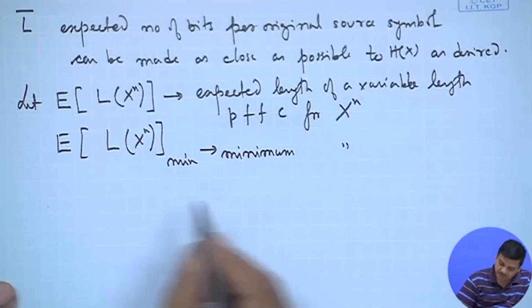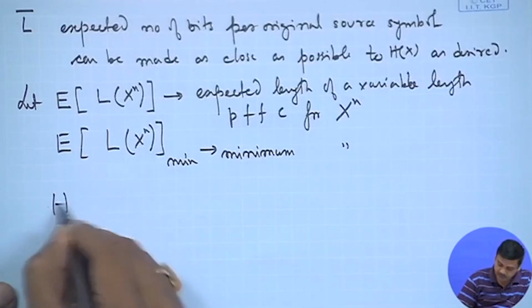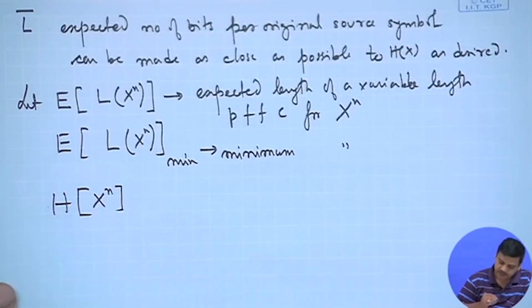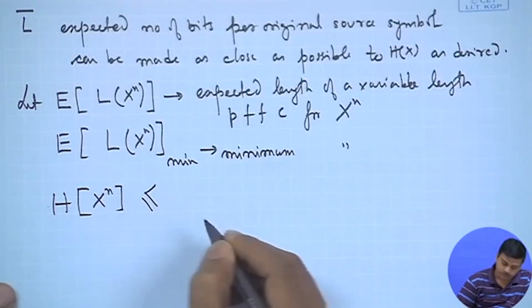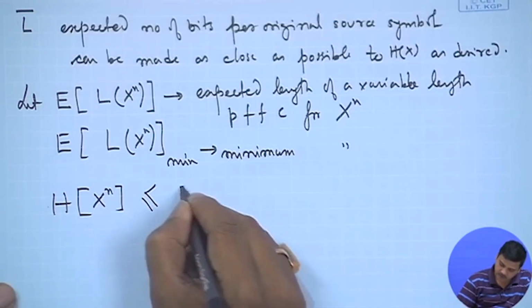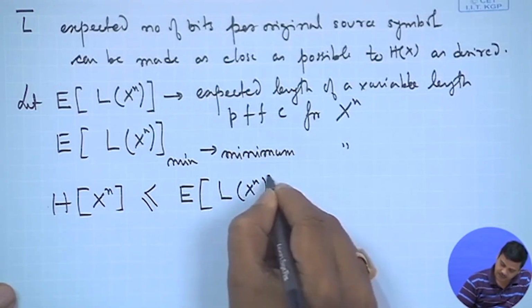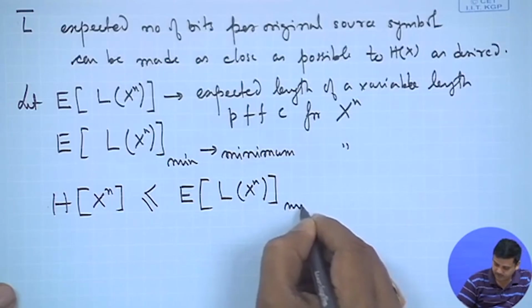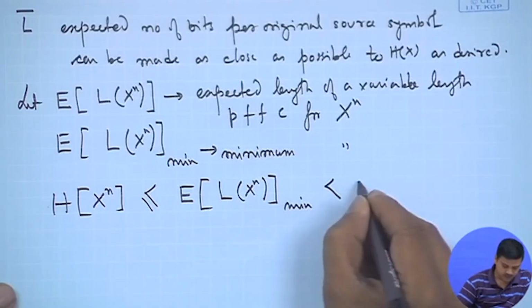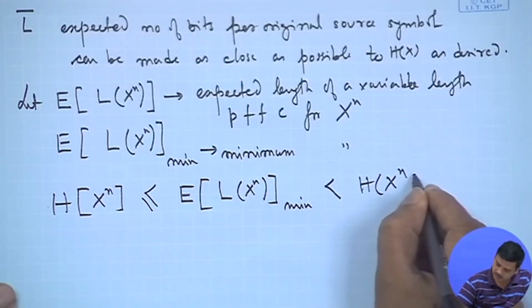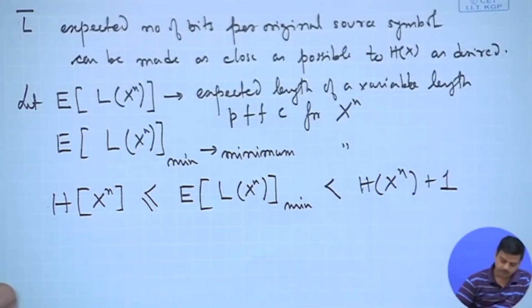So from the previous entropy bound, H(X^n) is the lower bound on E[L(X^n)]min, which is less than H(X^n) plus 1. This is well known.